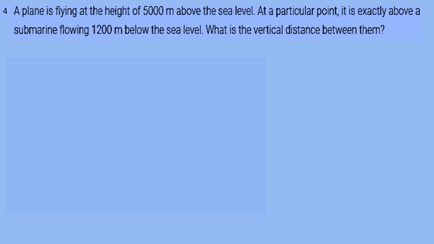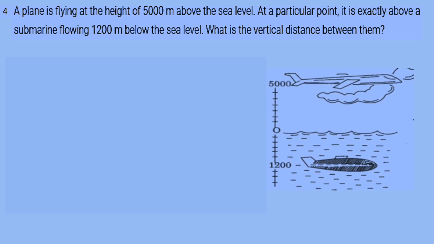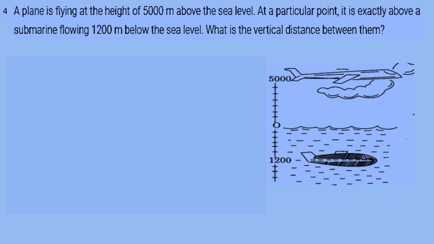Next question is, a plane is flying at the height of 5000 meters above the sea level. Here in this picture you can see one plane and one submarine, and from the sea level the plane is 5000 meters high.